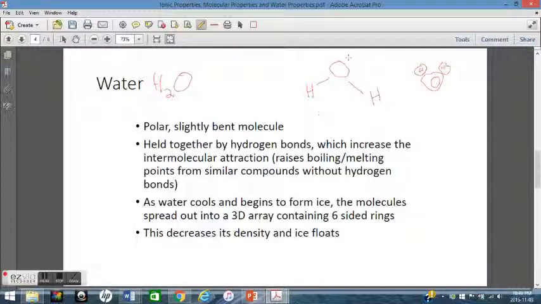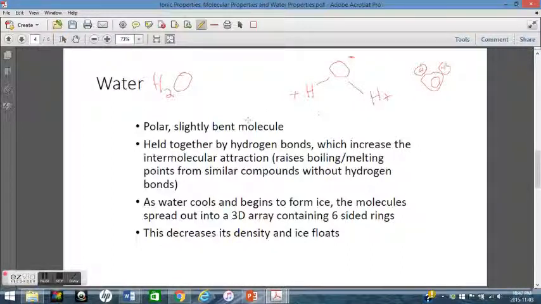The oxygen end is a little bit negative, and each of the hydrogen ends are a little bit positive. When a molecule has this kind of arrangement where part of it's negative, part of it's positive, we call it being polar. Okay. Shape-wise, it's slightly bent, and that's this little angle here. We'll talk again more about why that is in Chem 20.